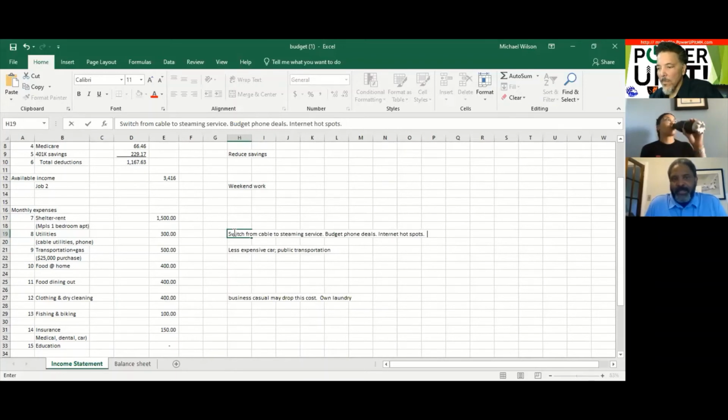So in the utilities, I generally had 100 for cable, 75 for utilities, 100 for phone, was the thinking behind it. But it could be higher than that. It could be lower. There are some ways to drive these costs down, and I think you're describing some of them.